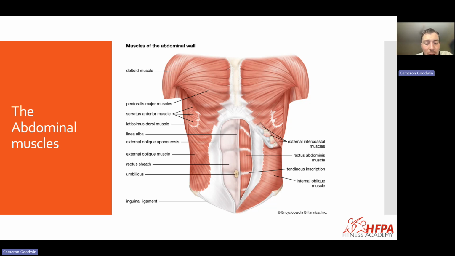You can see them here. So you can see the external oblique muscles. You can see the internal oblique muscles, and you can see one goes down, one goes up. So you can see how they're going to mesh together. You have the external oblique and you have the internal obliques, which are almost running underneath one another like that. Here you have the tendinous inscription. And then, of course, like we mentioned, rectus abdominis.